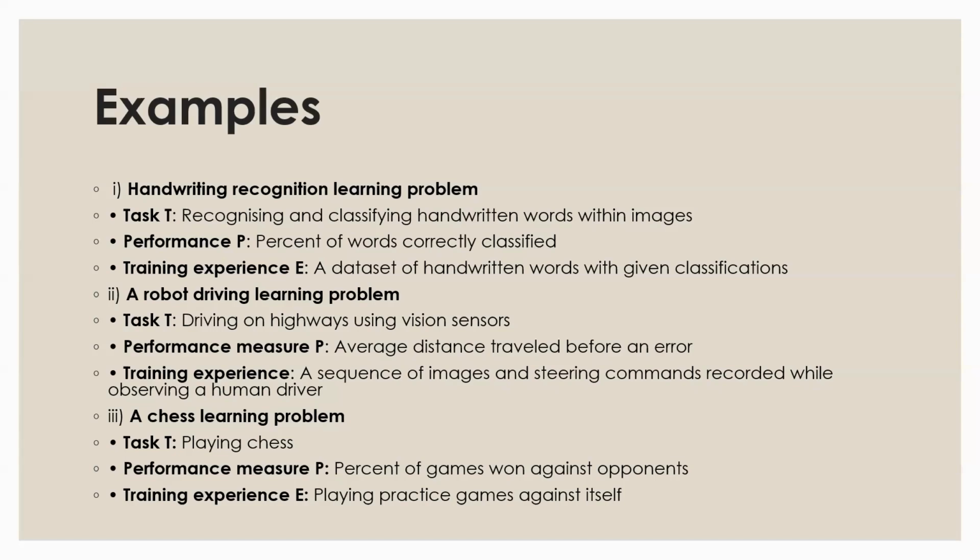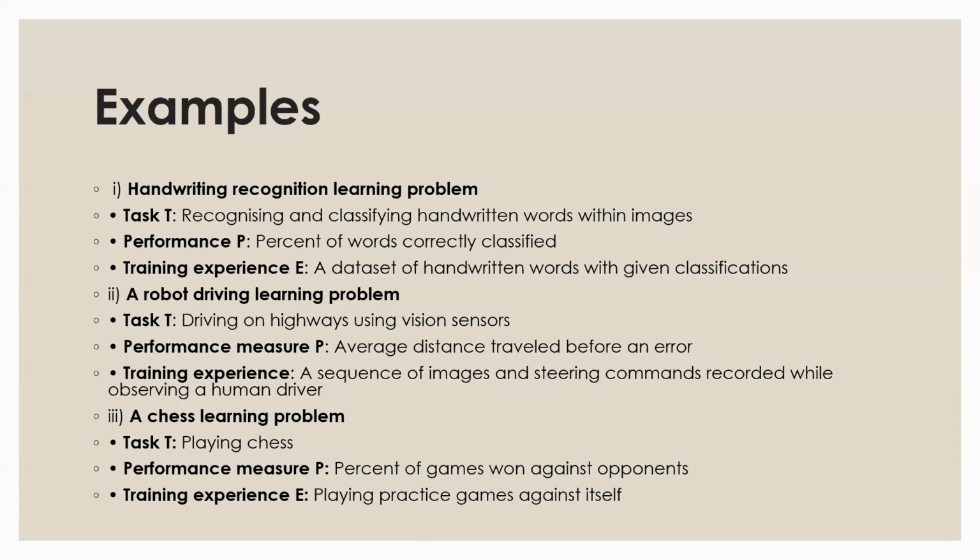It will make a record of how a human responds whenever they come across any obstacle, any other car or vehicle, what steering commands they give, and what images it sees. Through these images, this AI robot learns, and its performance can be measured using the average distance traveled before an error. So this is a way.